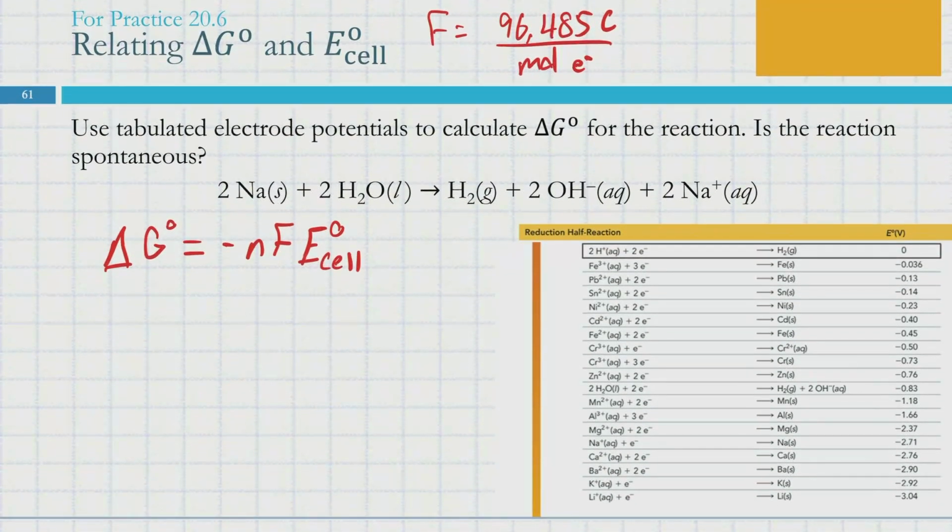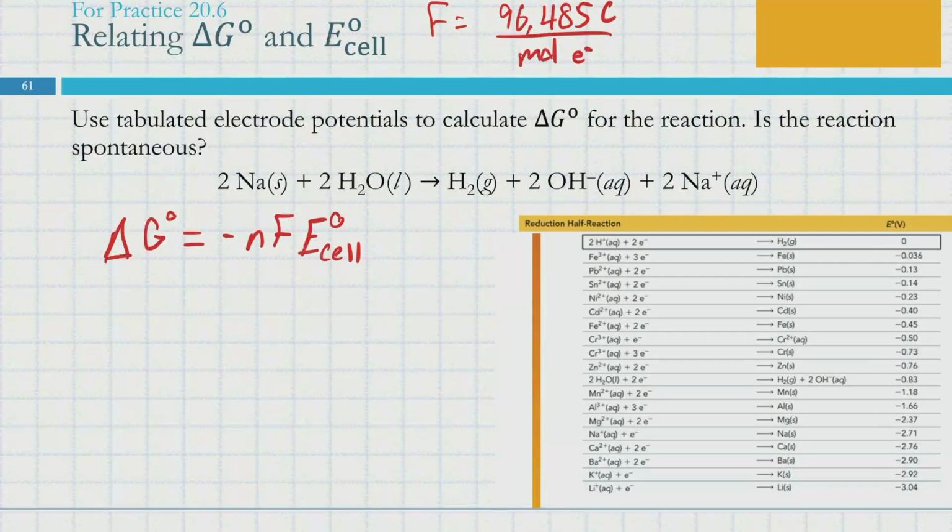Okay, using tabulated electrode potentials, let's calculate the standard change in Gibbs free energy and figure out if the reaction is spontaneous. So we have sodium and H2O. We've got H2, we've got OH minus. We need to find our reduction half reactions.